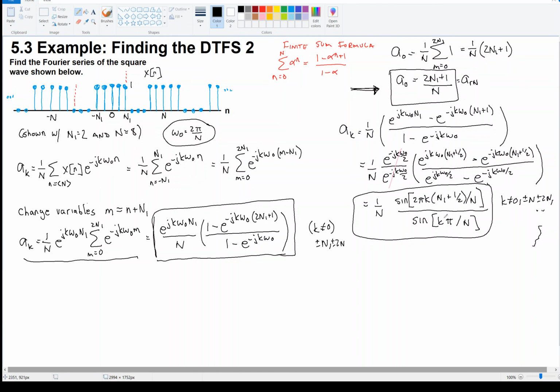So we could plot them if we wanted to. You can just plug in some values of k, n1, and n, and you get a real number, and you can make a plot of this. And it looks like, I'll just plot it really quickly. It looks something like this.